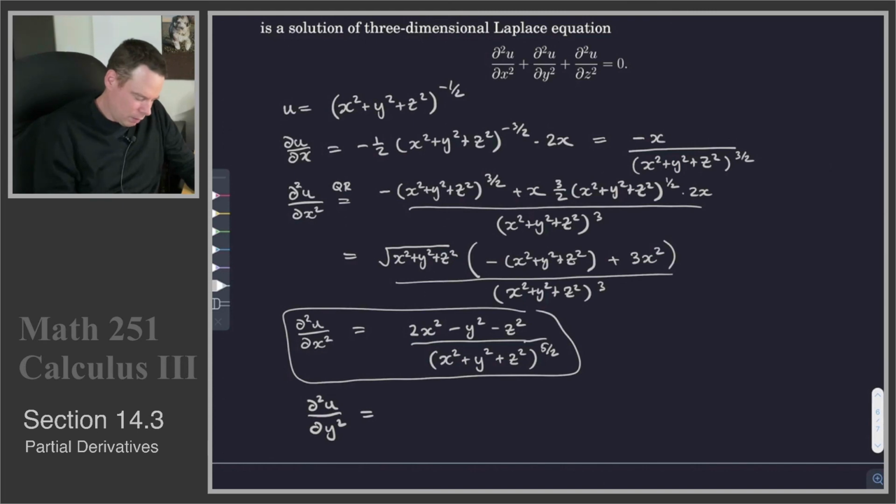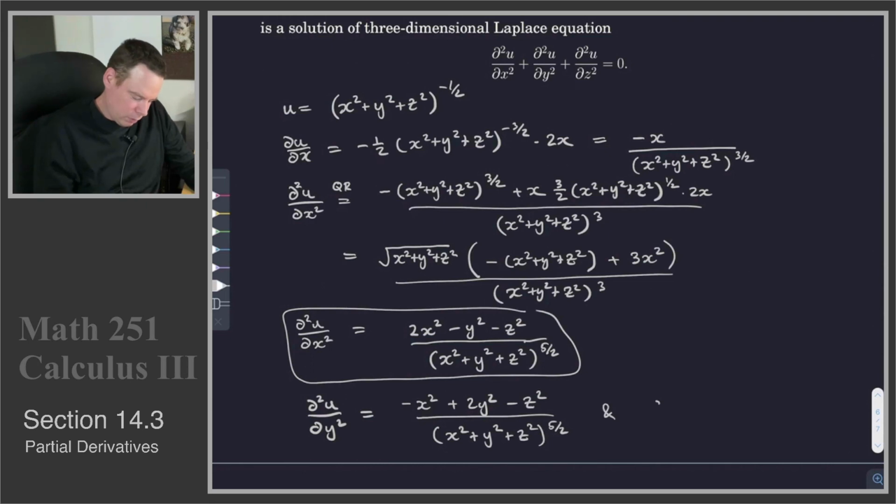So it means that our resulting expression for the derivative would be negative x squared plus 2y squared minus z squared, all over that same denominator. So that's just by symmetry in the calculation.